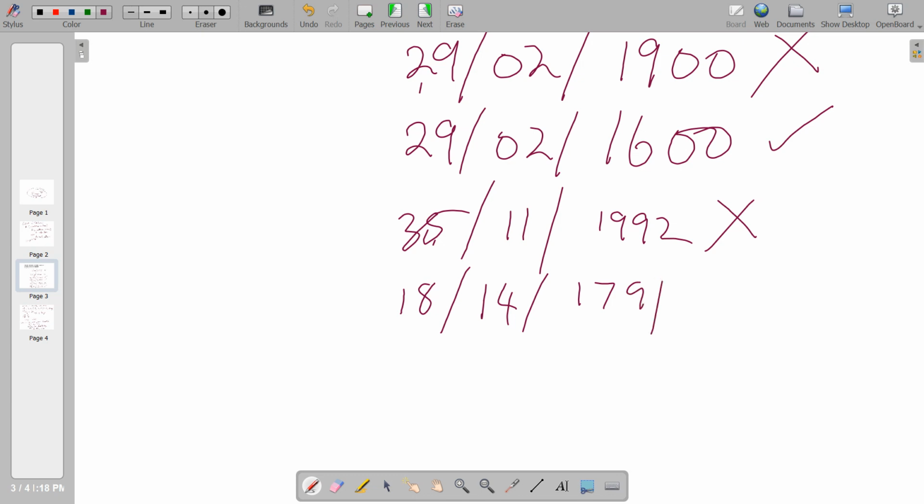There is no 14th month either, so this is wrong. What is our starting point for looking at validation? The month. Because we know for a fact that the month has to fall between 1 and 12 inclusive. Agreed?